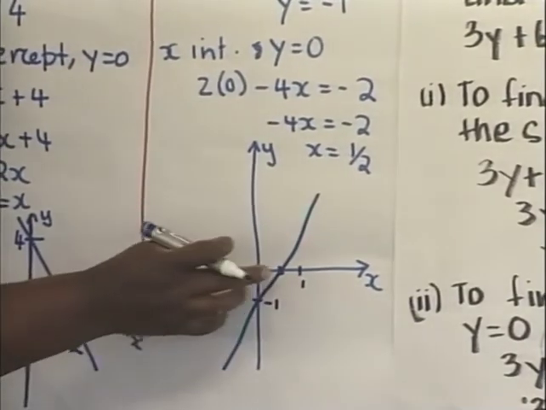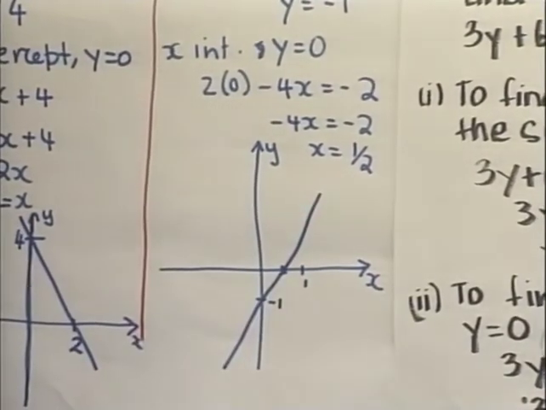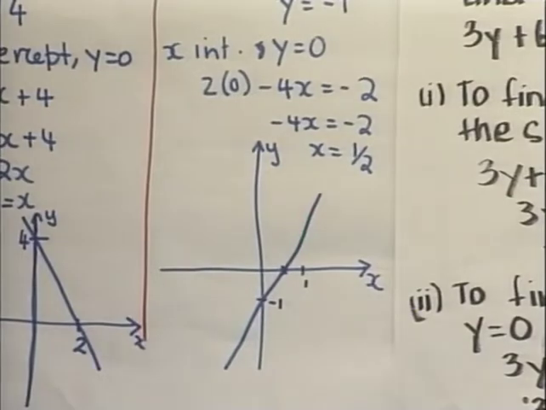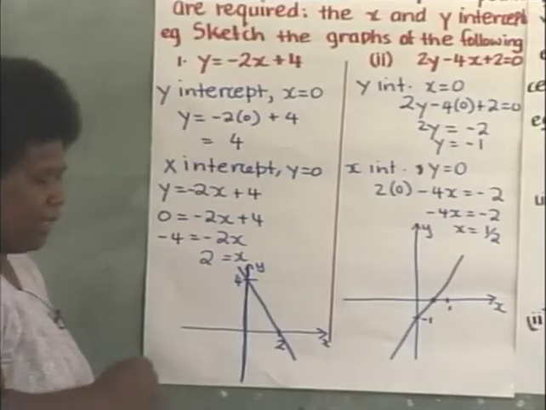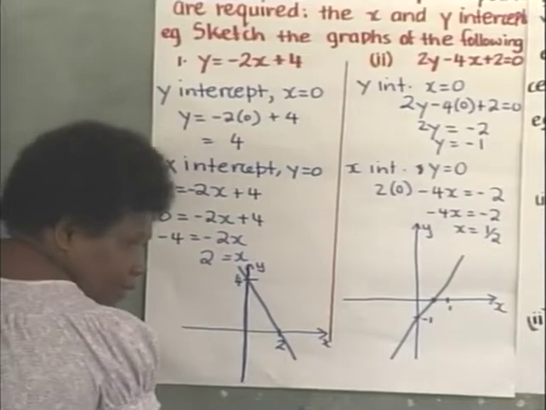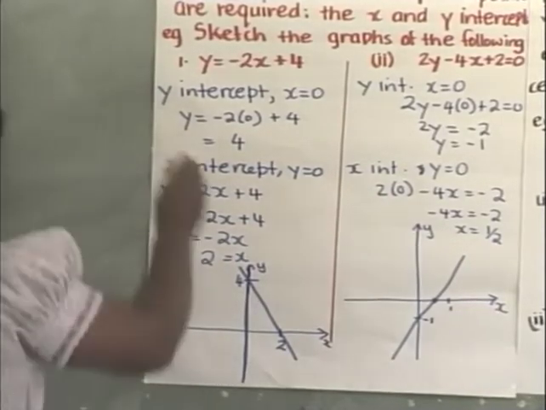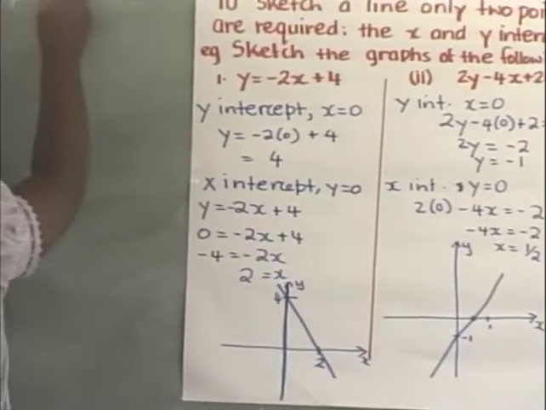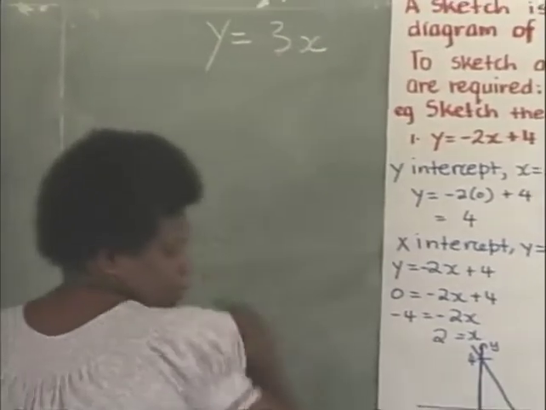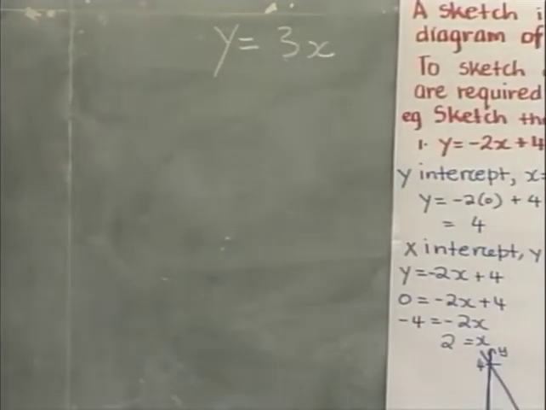So this is 2y minus 4x plus 2 equals 0, and this is y equals minus 2x plus 4. Before you get this done, see if you can sketch y equals 3x.